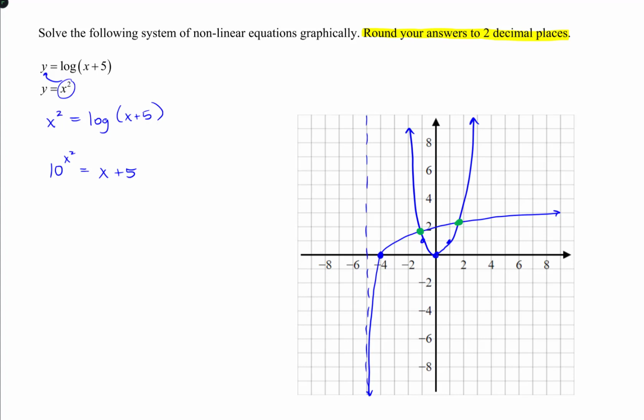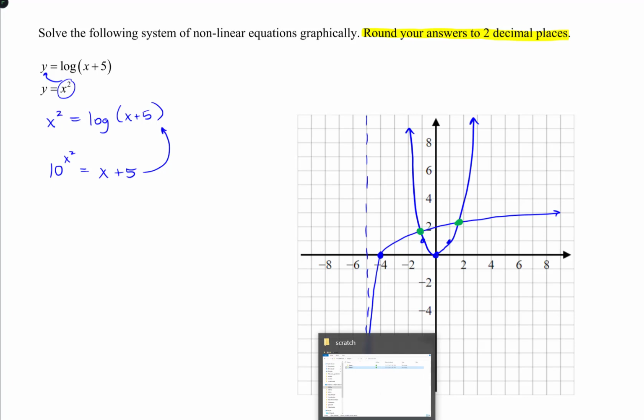But the problem is now we have an exponential equation with a variable in the exponent, and we can't solve that directly. So we'd have to switch to logarithmic form, which would bring us right back here. We'd end up in an endless loop of which form to use, and ultimately neither can be solved algebraically, at least with techniques that we've established thus far.